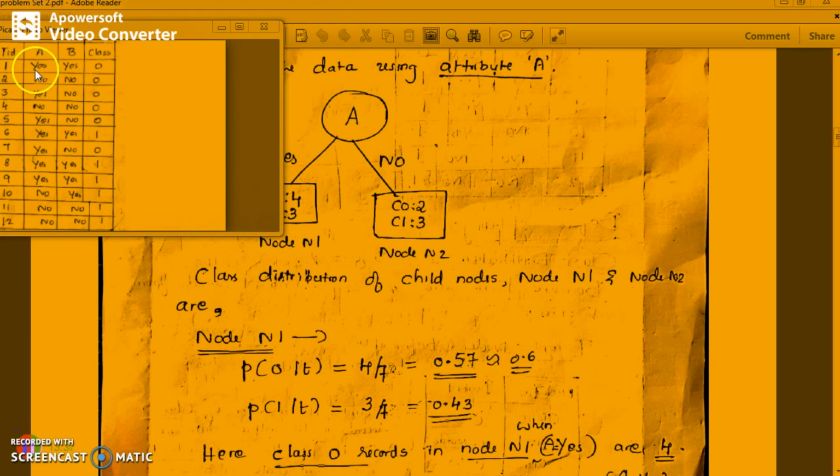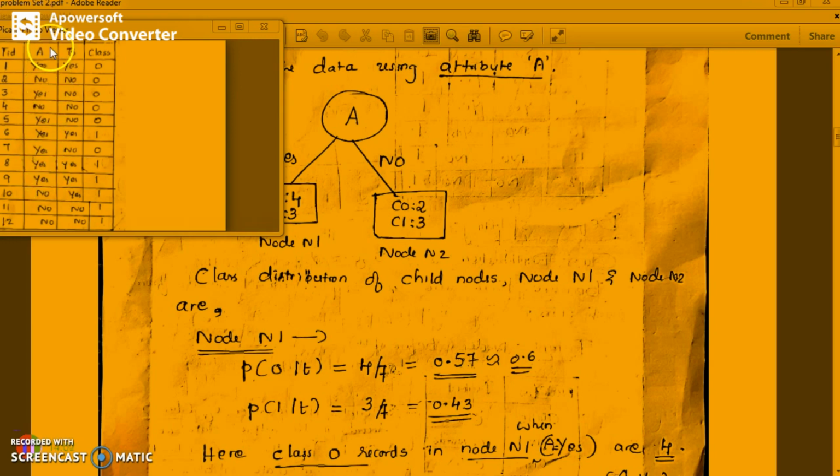So now you have to count how many records among these have A value equal to yes. Just count A value equal to yes, the count is 1. First transaction, third one, 5th one, 6th one, 7th one, 8th, 9th, so till 9. So these are the records where A value is equal to yes. Just count there, 1, 2, 3, 4, 5, 6 and 7.